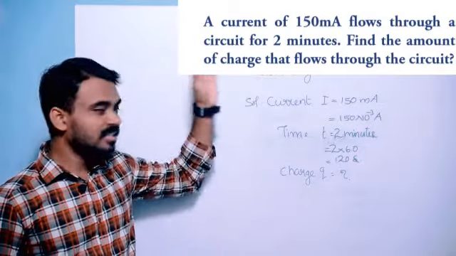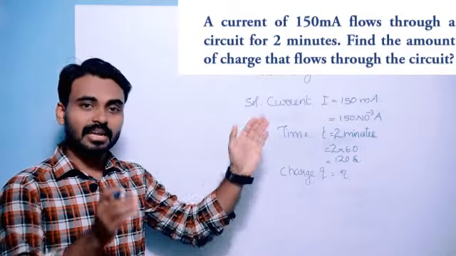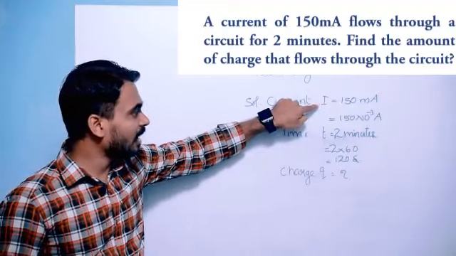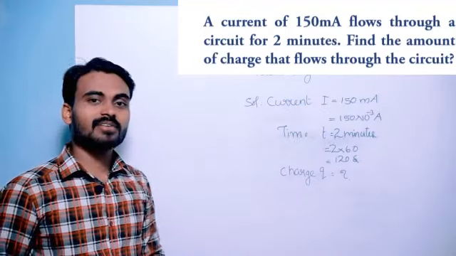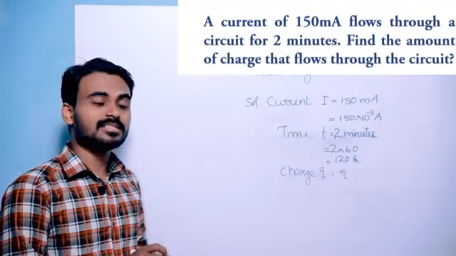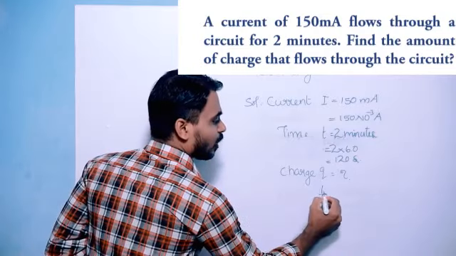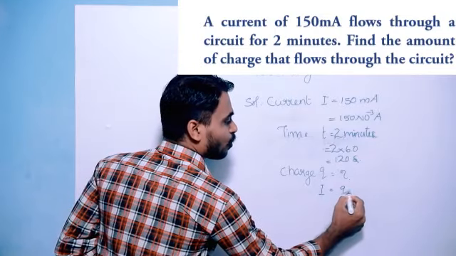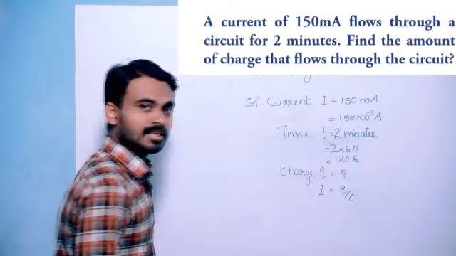Just look, in this section, that is in electric current section, by connecting these three terms we have studied only one equation, that is I equals to Q by T, isn't it?